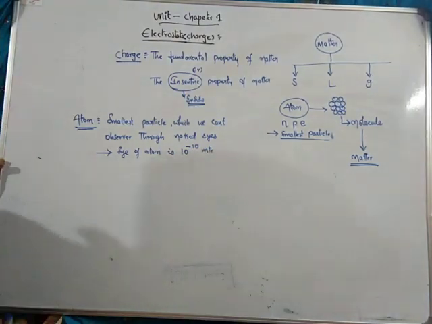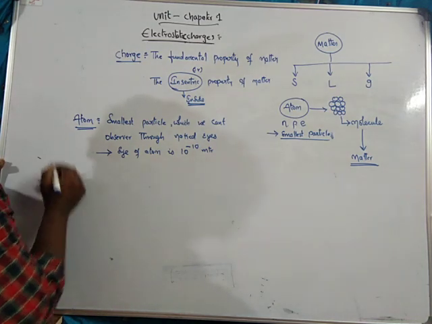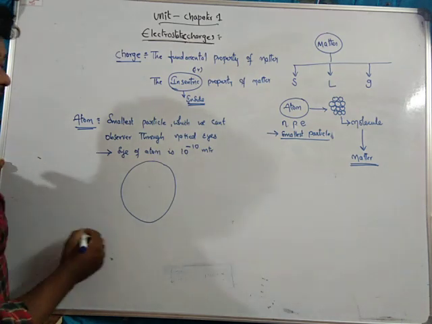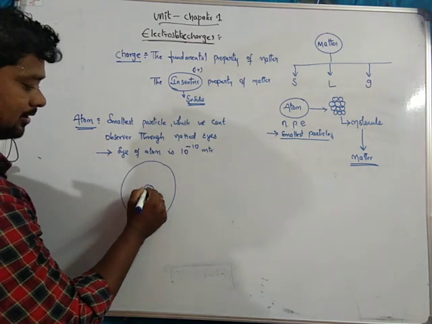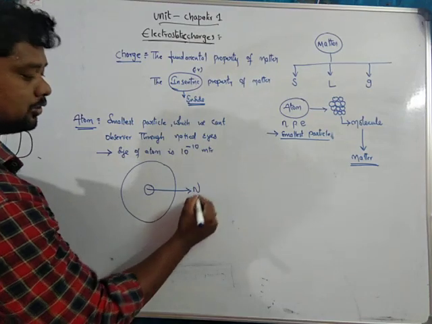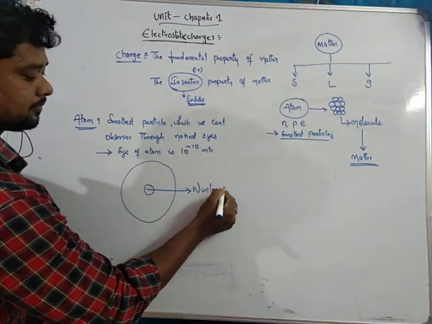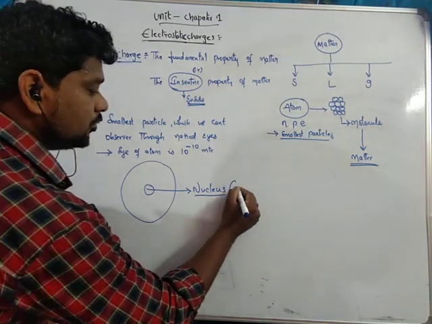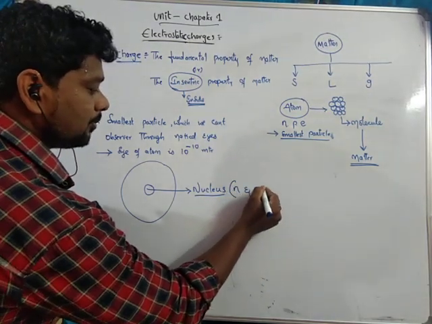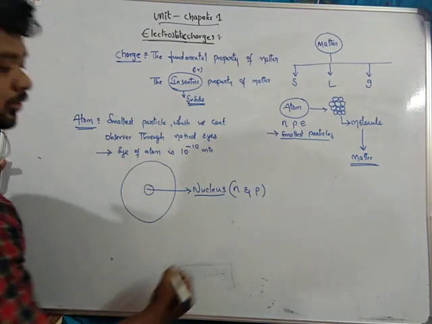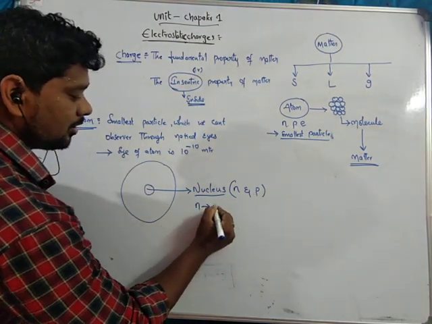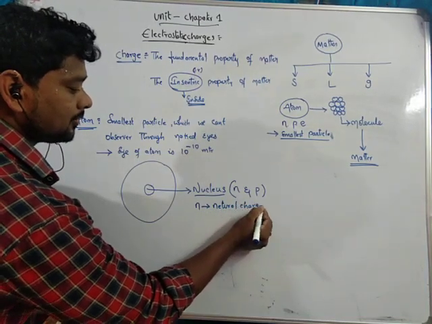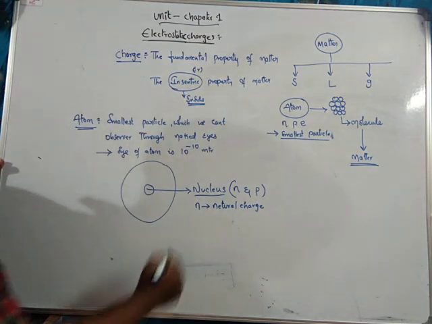It's the smallest particle. If you consider this as an atom, the central part we call the nucleus. There we have neutrons and protons. Neutrons are neutral, we don't have any charge.